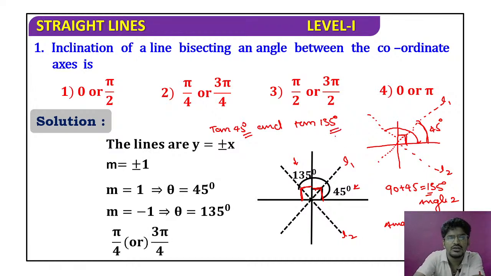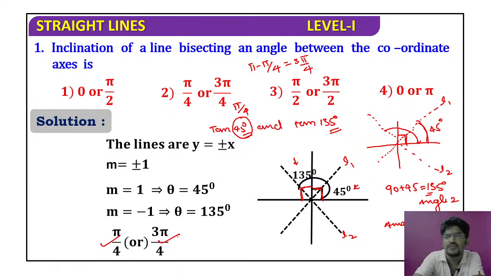Clear? So 45 degrees means pi by 4, and 135 is 180 minus 45, that is pi minus pi by 4, which is 3 pi by 4. So therefore pi by 4 and 3 pi by 4 are going to be your answers.